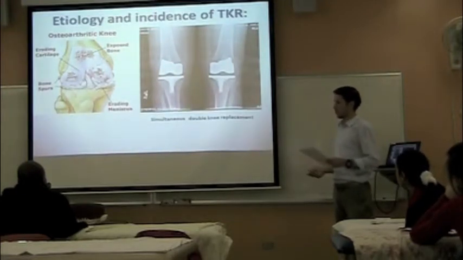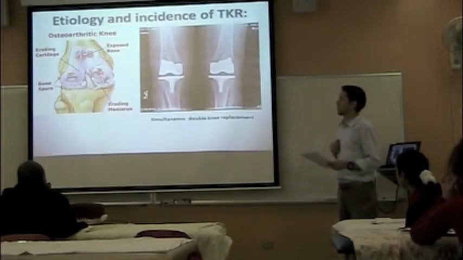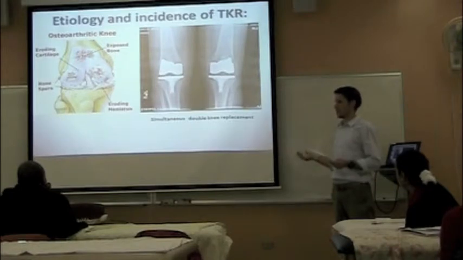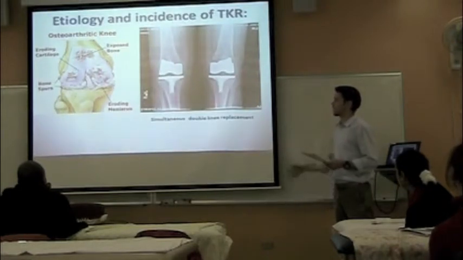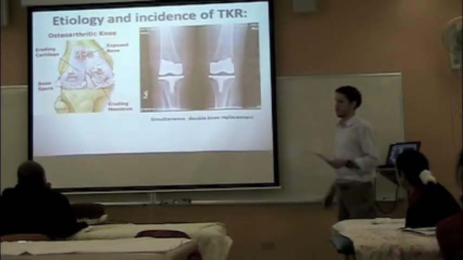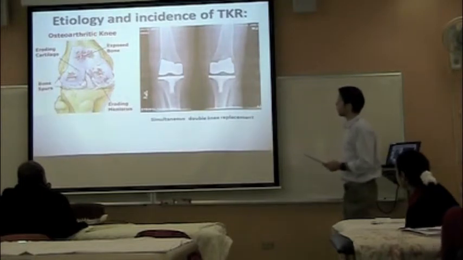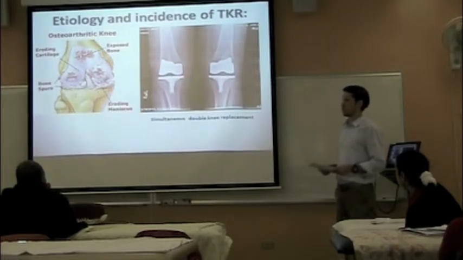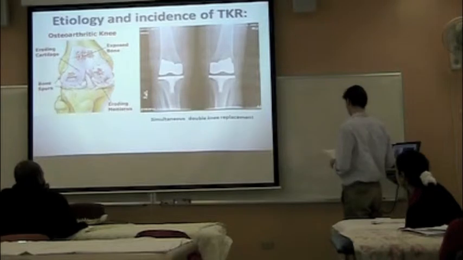With aging populations increasing in developed countries, as well as the rates of obesity increasing at the same time, it's no surprise that there's going to be a huge increase in joint replacement surgeries. For knee replacements specifically, the burden on the medical care program was $9 billion last year, which is a ton of money.